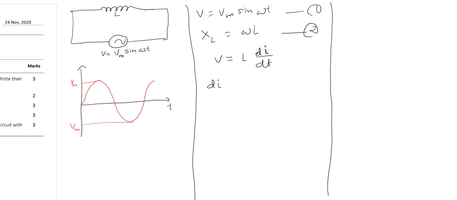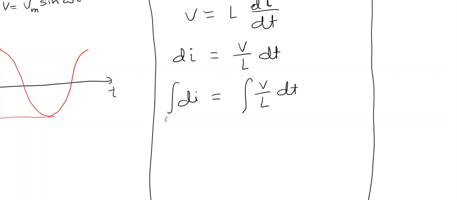So di can be given as V by L dt. Integrating both sides, we get this integration from 0 to I on the left side and 0 to T on the right side, or else let us not consider limits for now.